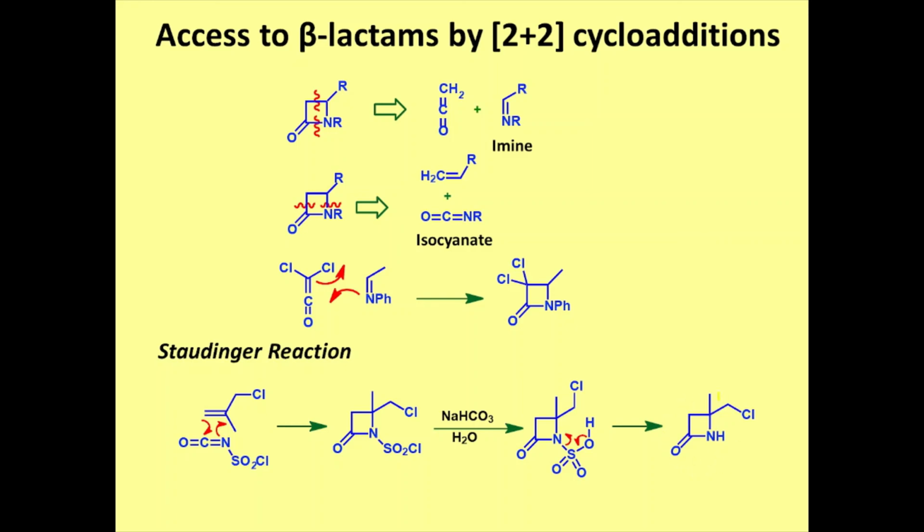So this is another example of formation of beta-lactams by means of 2+2 cycloaddition reactions through isocyanate derivatives as the substrates.